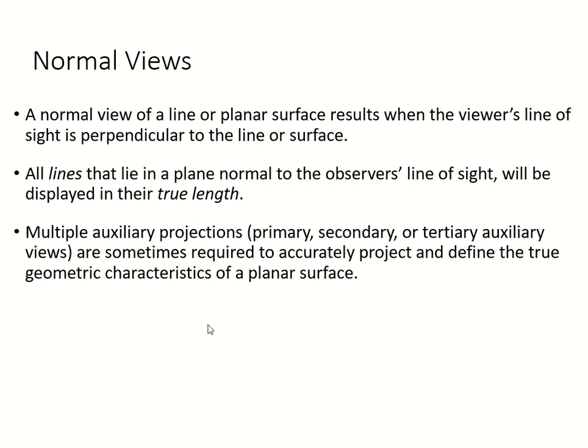So in order for us to get the true geometric characteristics of a surface, we need multiple auxiliary projections. So they are primary, secondary, tertiary auxiliary views. All these views are necessary for us to be able to get these geometric characteristics of a surface.